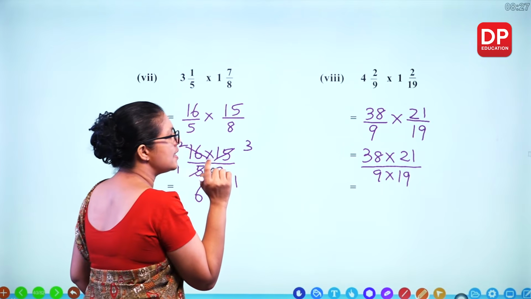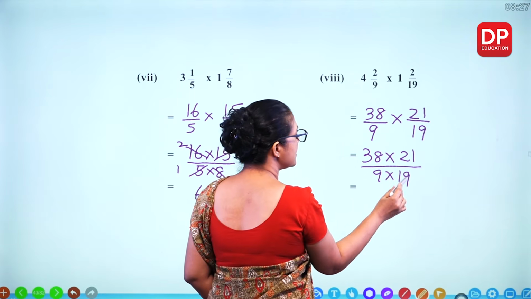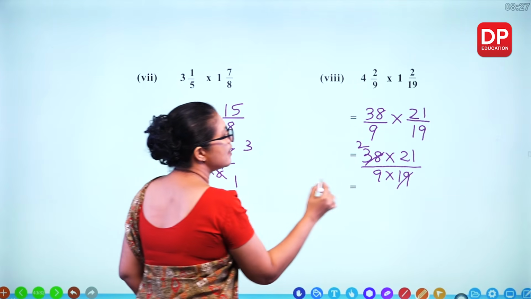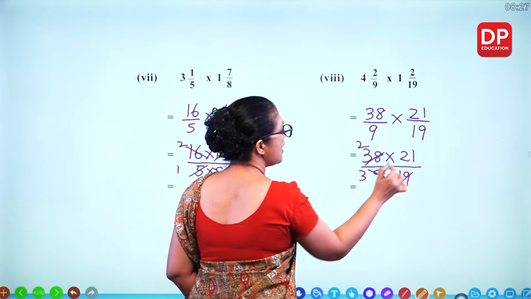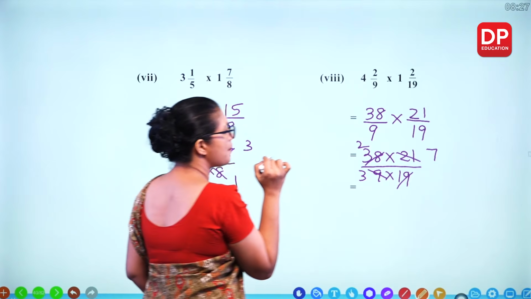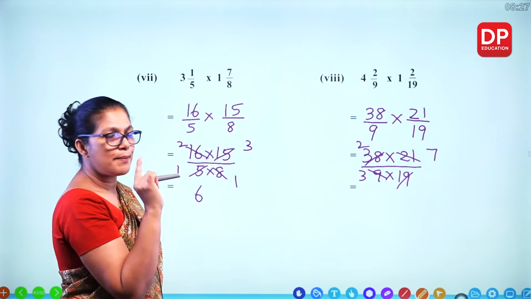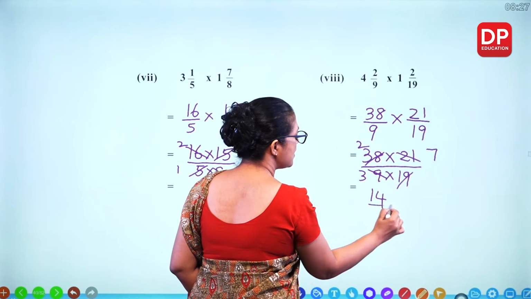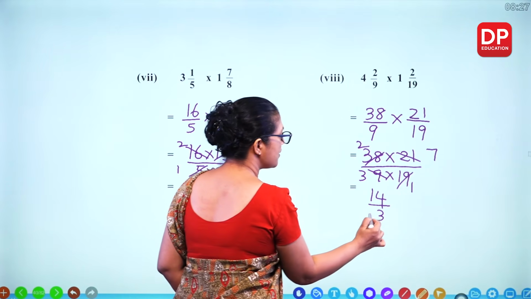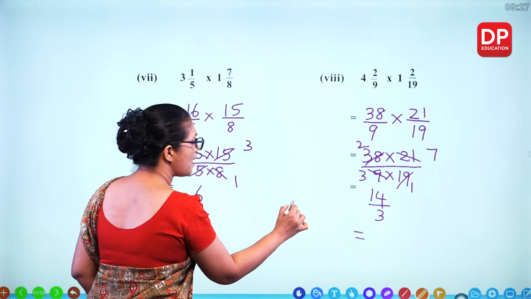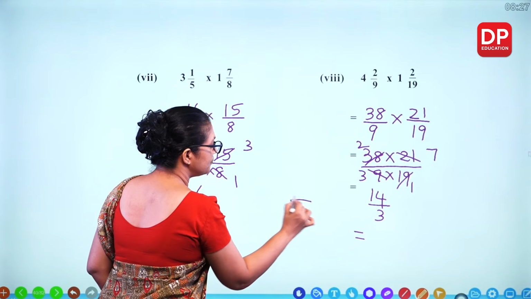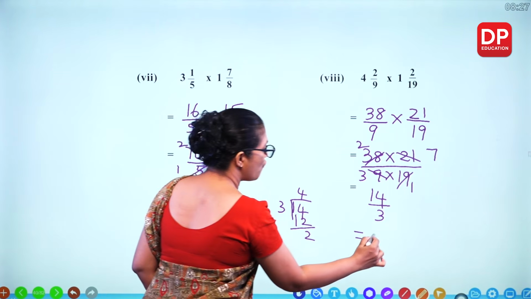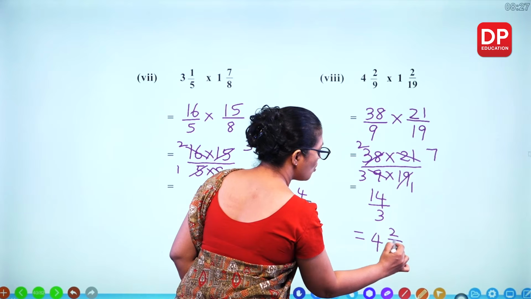So, we see 2 times 19 is 38. 3 times 3 and 3 times 7. Now, you can multiply the numerators. 2 times 7, 14. And 3 times 1, 3. Convert to a mixed number. 3 times 4, 12. And 2 remaining. So, 4 and 2/3.